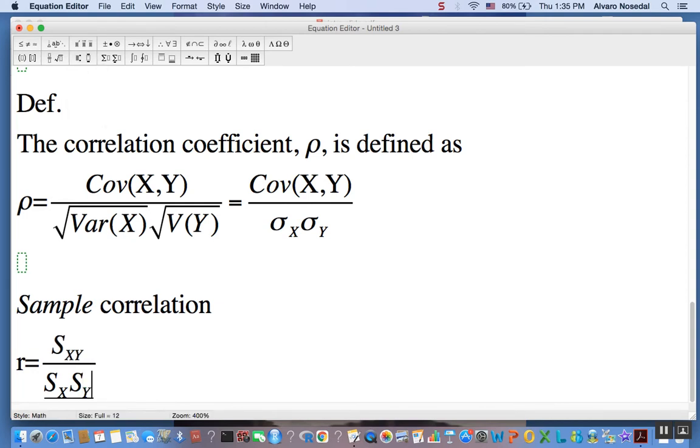Okay, so sample covariance divided by the product of sample standard deviations, similar to this, right? So let's just keep those in mind. They are going to be useful at some point.